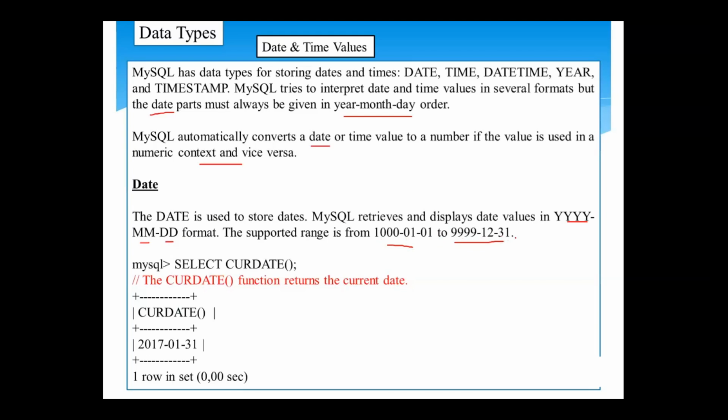After that, once we reach that time, they will change MySQL or whatever is there at that time. The date format you can give is the complete year, month in 2 digits, and date in 2 digits. If you want to find the current date, you can use this command, select current date, and it will show the current date.